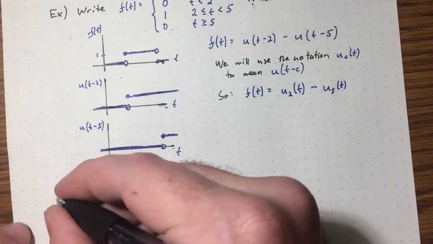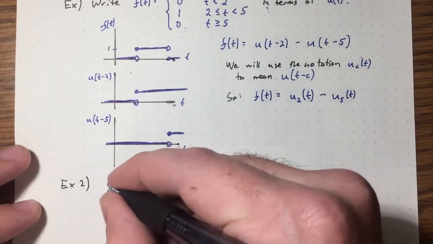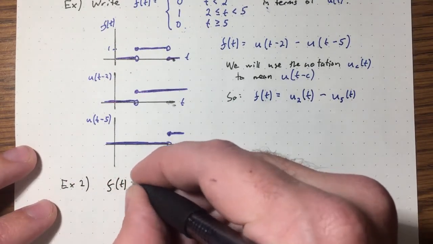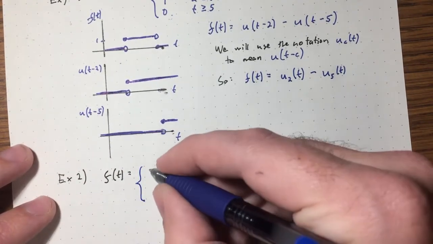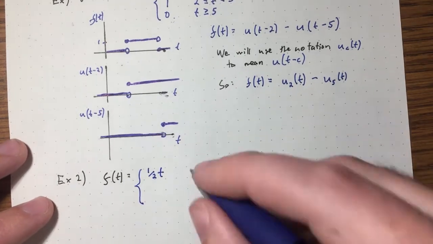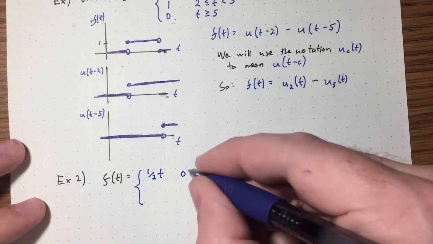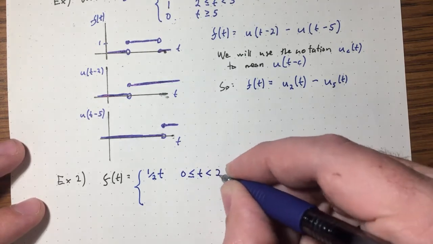Okay, let's do a more complicated example now. Let's try this for the function. So we'll have three regions again. So we'll start out with 1/2 t, linear function, from t equals 0 to let's say 2.